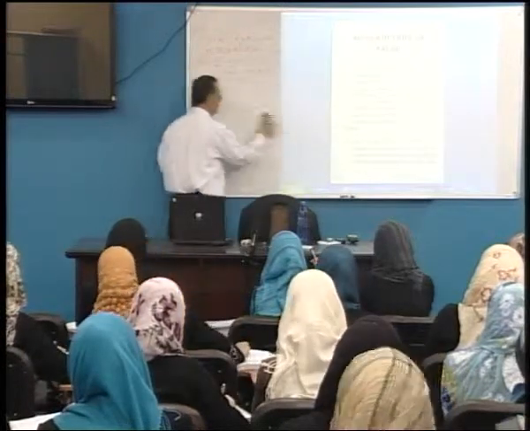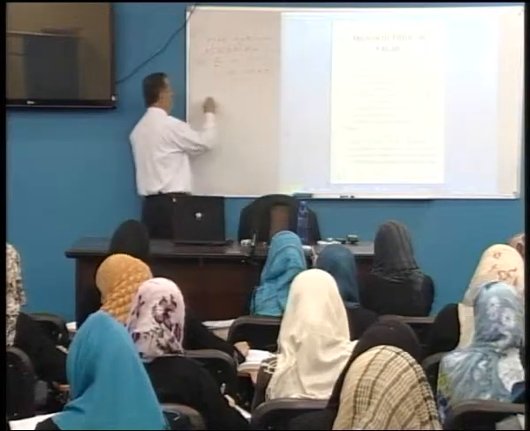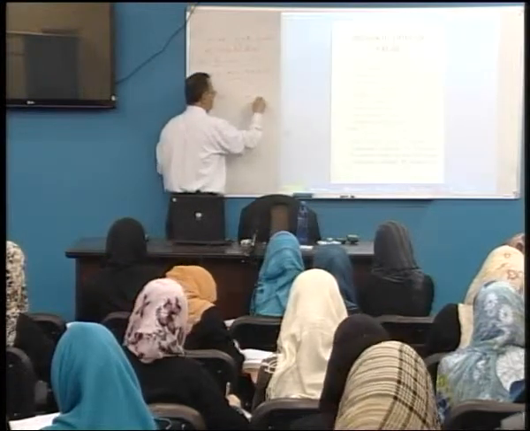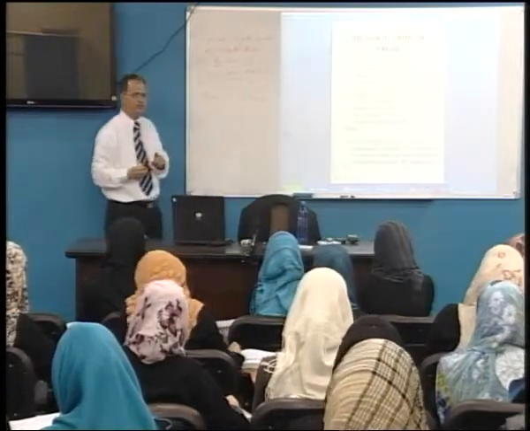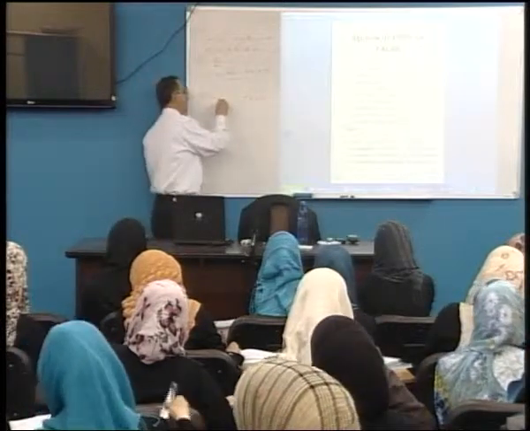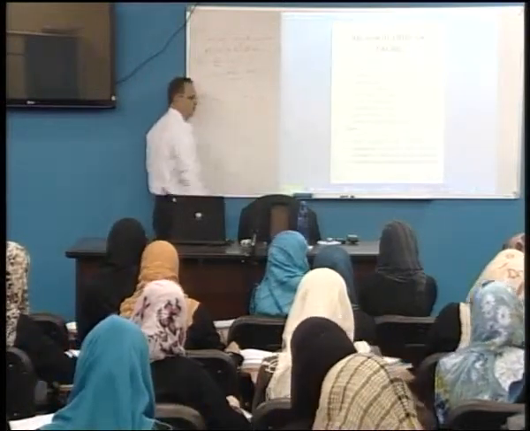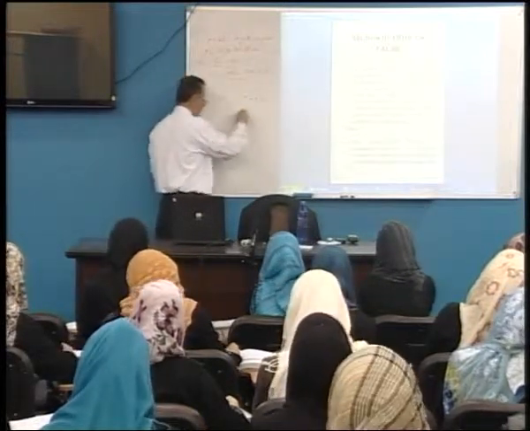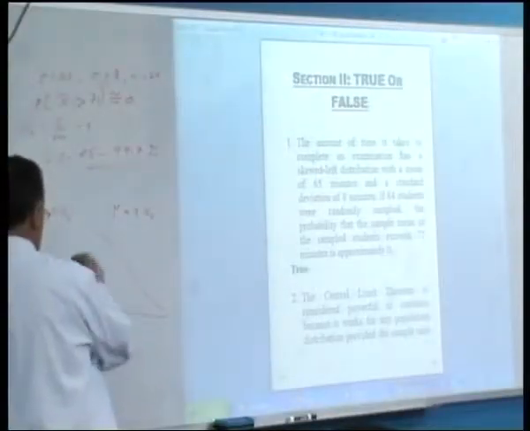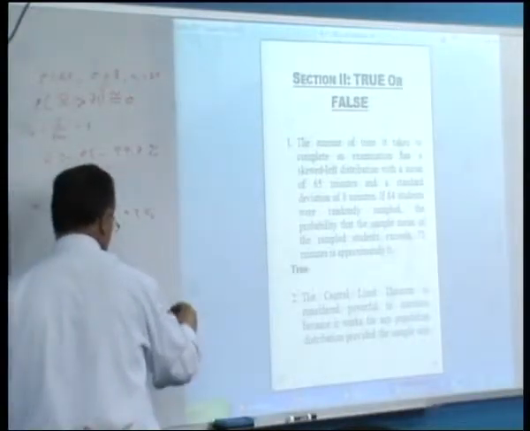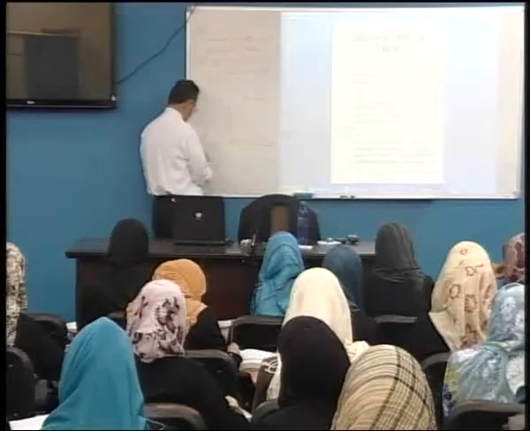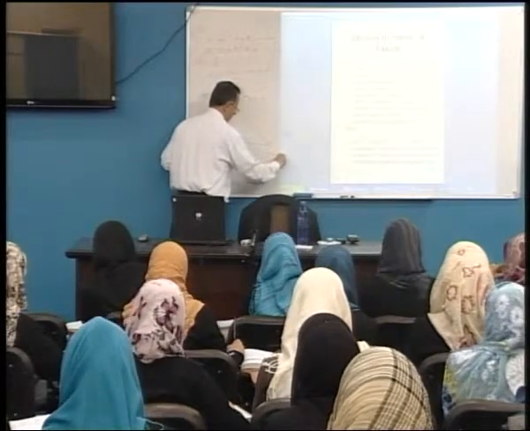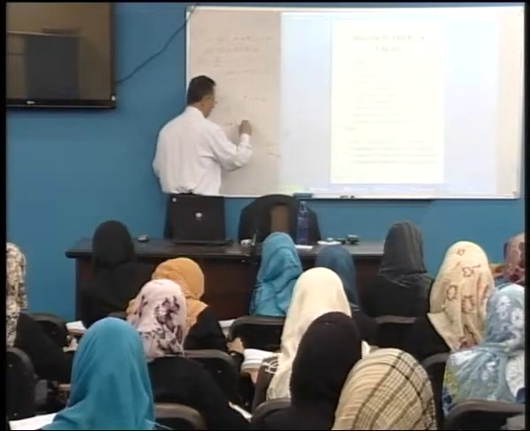Now, if you go back, let's say mu minus 3 sigma and mu plus 3 sigma. But here we are talking about x bar, so the mean of x bar and sigma of x bar. So the empirical rule says that the area between mu minus 3 sigma of x bar and mu plus 3 sigma of x bar is around 99.7%.